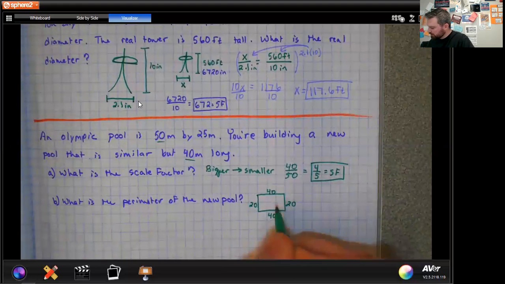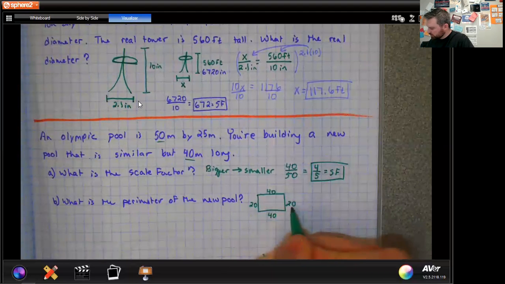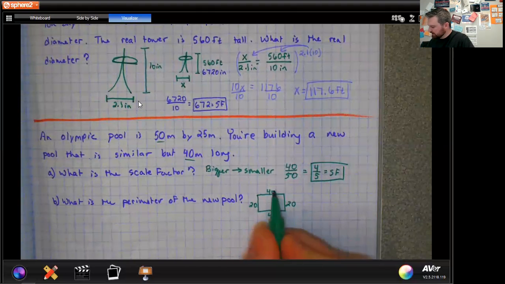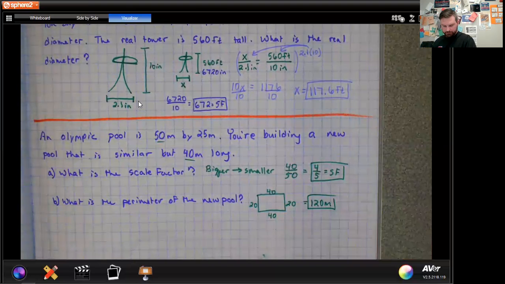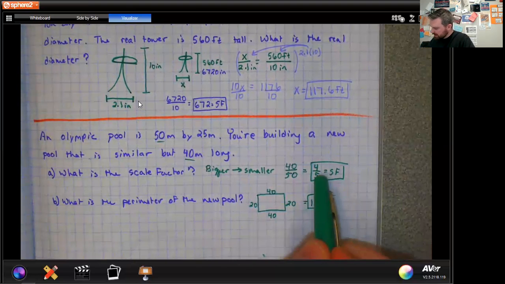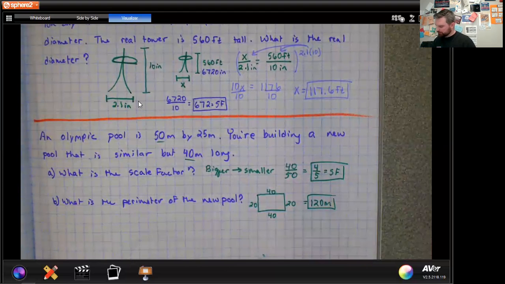To find the perimeter, I just add these up. 40 plus 20 is 60, and 40 plus 20 is 60. 60 plus 60 is 120 meters for the new pool. So we can use that scale factor to figure that out.